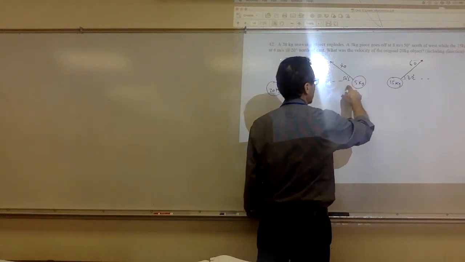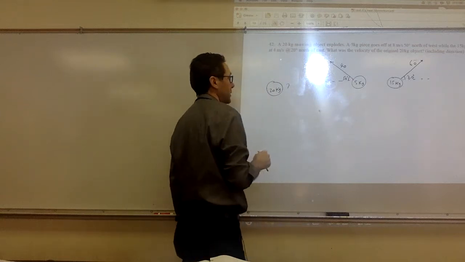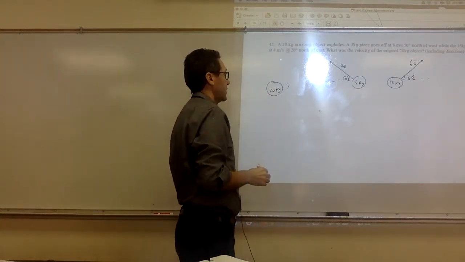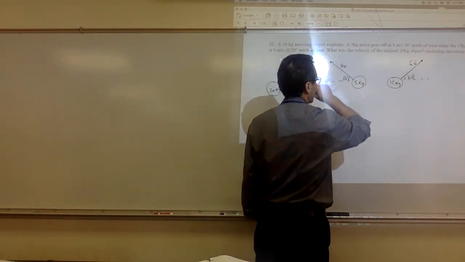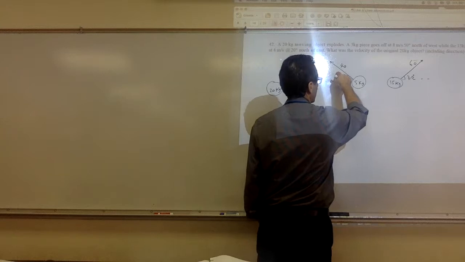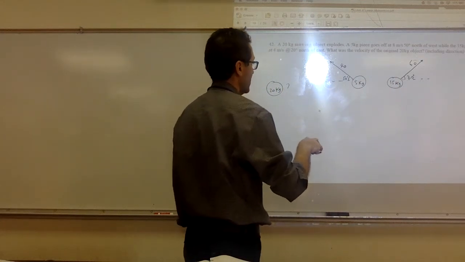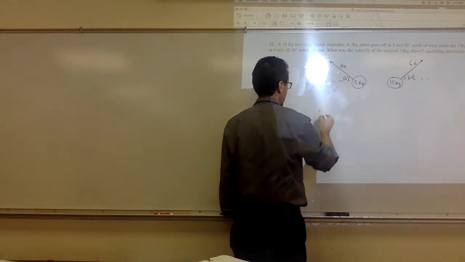Now, the final momentum of these two here after the explosion has to be equal to the initial momentum of the 20 kilogram ball before it exploded. So I'm going to make a triangle here with these two, with the 40 and the 60 as the components of the resultant. So I can start with the 60 or I can start with the 40. It really doesn't matter.